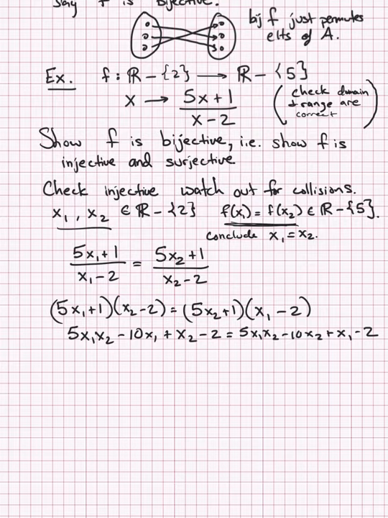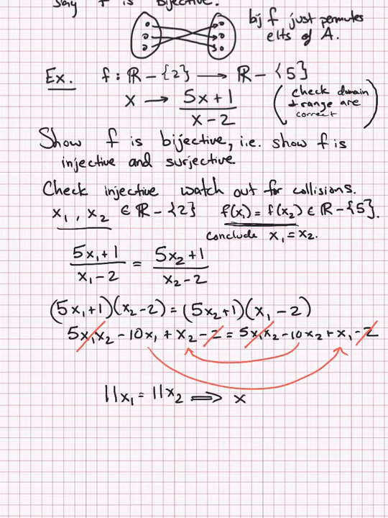Ooh, I'll even switch my colors. So this cancels. This cancels. So this goes over. That goes over. So I'm left with 11x1 is equal to 11x2. So we're good. x1 has to be x2. Okay, so therefore it's injective.